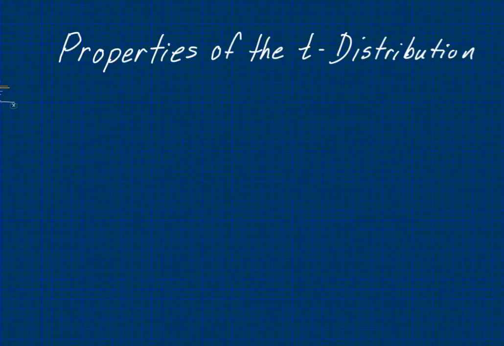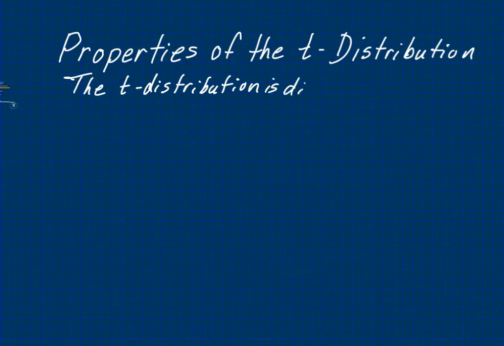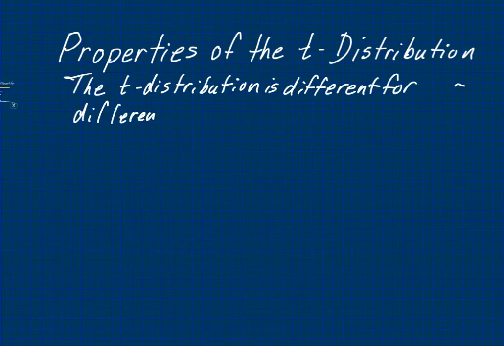I refer you to your book for most of the properties of the t-distribution, or you can look it up online if you prefer. But the most important one that will affect the way you use the t-distribution is that the t-distribution is different. Okay, it's not always the same. It's different for different degrees of freedom.